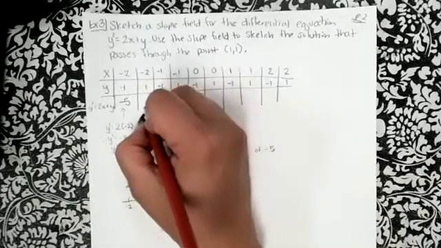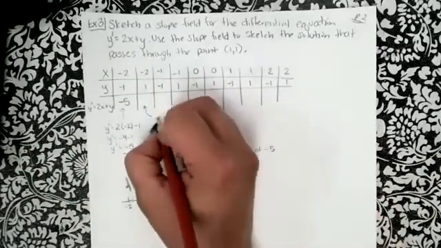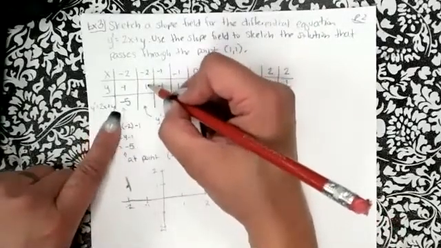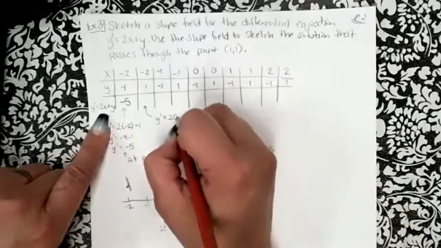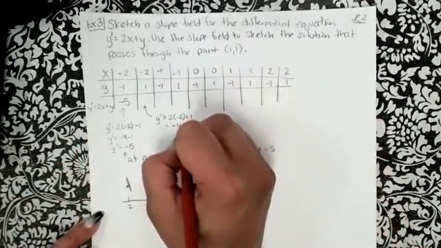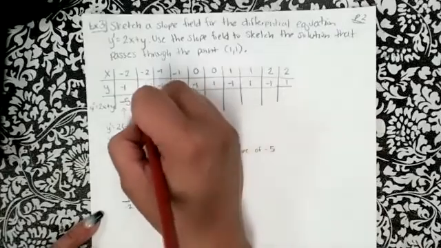Let's find out what the next one is. Y prime is equal to, the x in this case is -2, the y is 1. So this is 2 times -2 plus 1, which is -4 plus 1, which is -3.